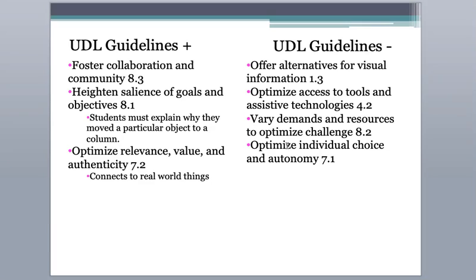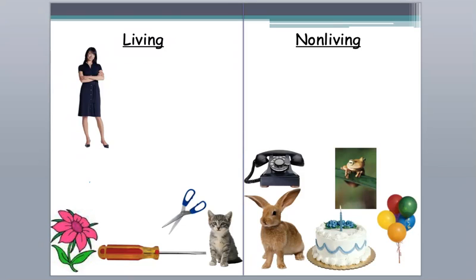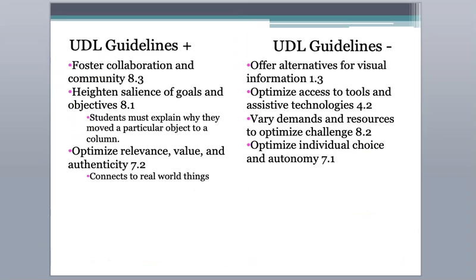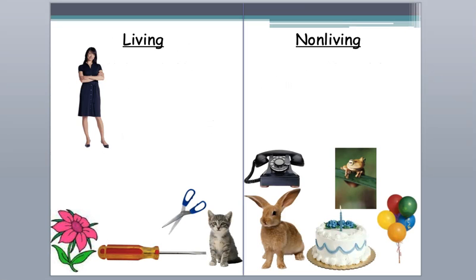I'm not sure how I would be able to go about doing that necessarily. And it doesn't really vary demands and resources, since they are specifically using this Smartboard PowerPoint. And then having that individual choice to tell me, this isn't the only way that I evaluate and assess their knowledge of living and non-living things, just one way.